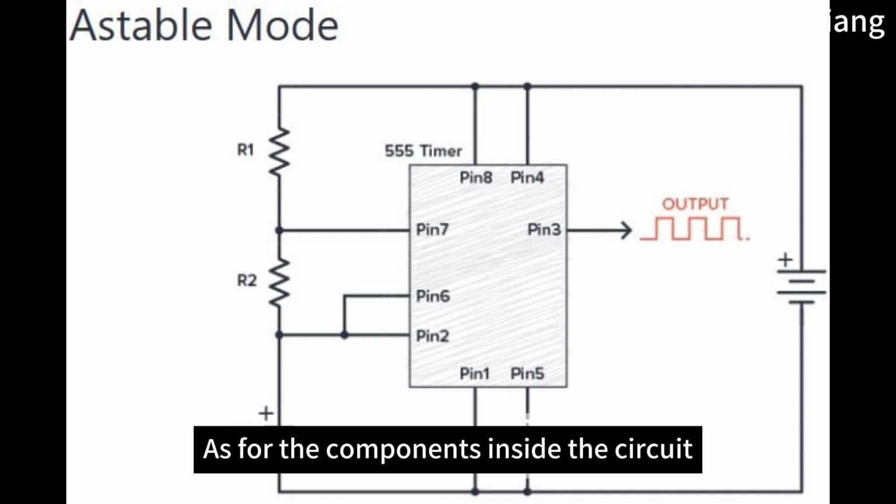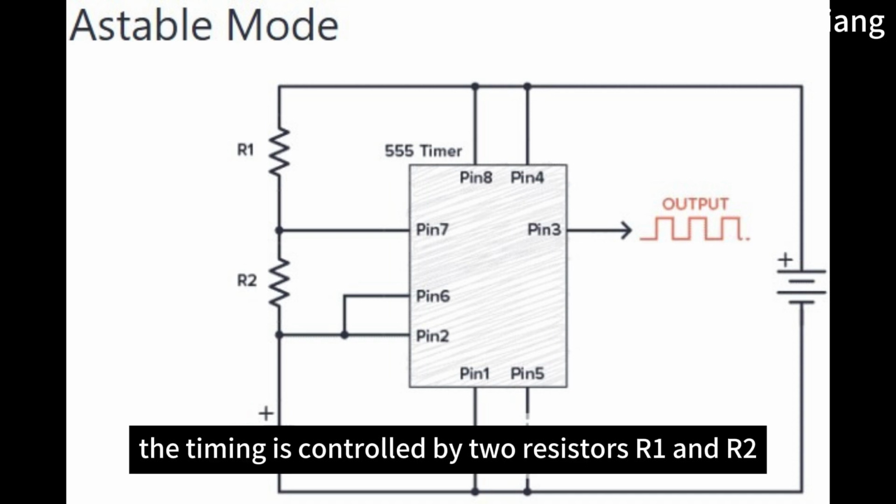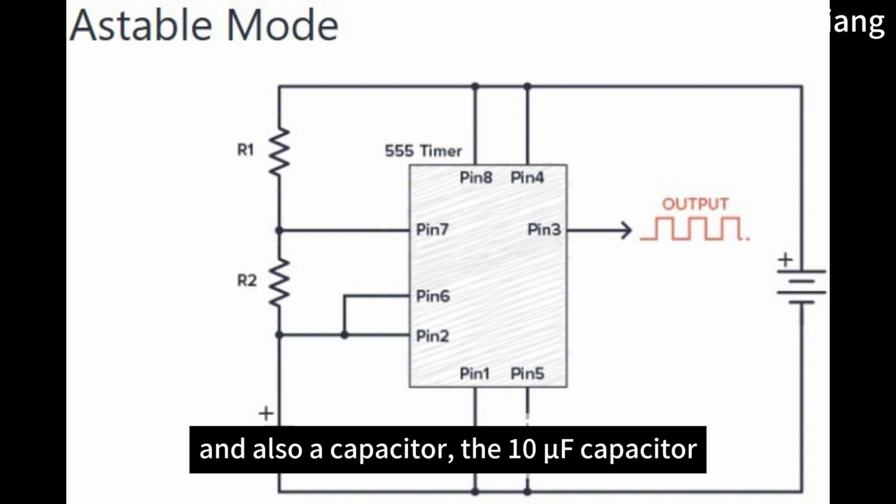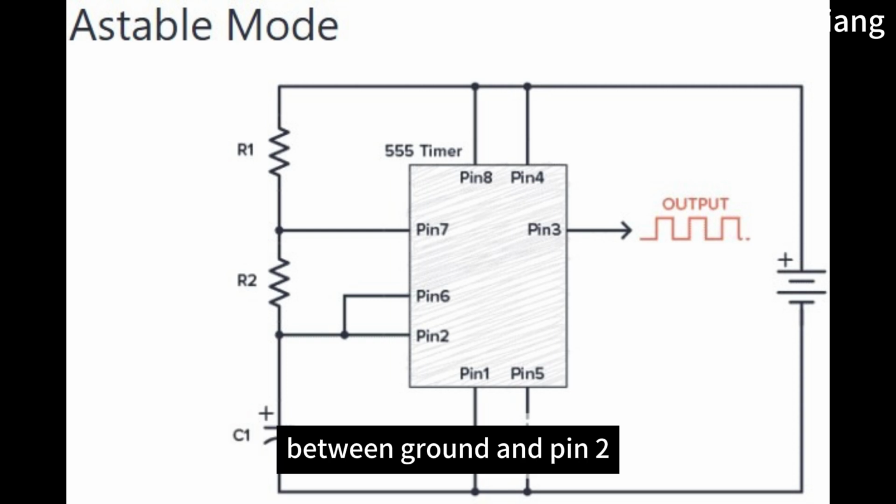As for the components inside the circuit, the timing is controlled by two resistors, R1 and R2, which are 1 kilo ohm and 68 kilo ohm respectively, and also a capacitor, the 10 microfarad capacitor, between ground and pin 2.